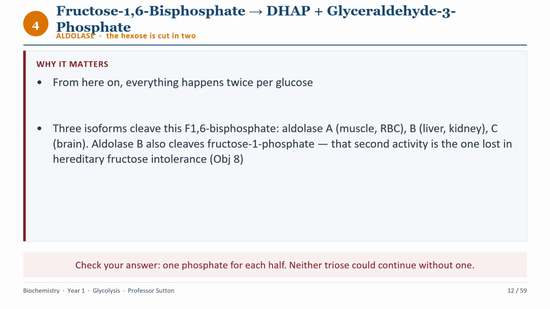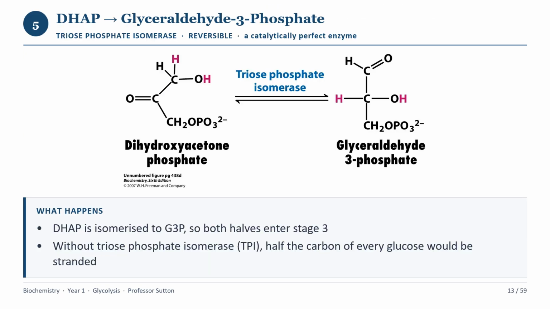It also cleaves fructose 1-phosphate, which is the intermediate in dietary fructose metabolism. It is that second activity that is lost in hereditary fructose intolerance. Same enzyme, different substrate, and the disease comes from the substrate you would not think to associate with glycolysis.